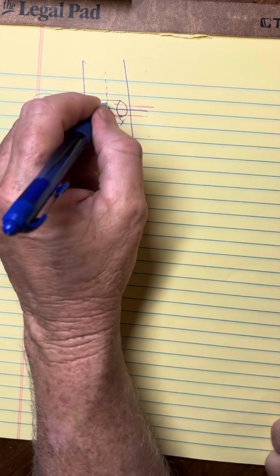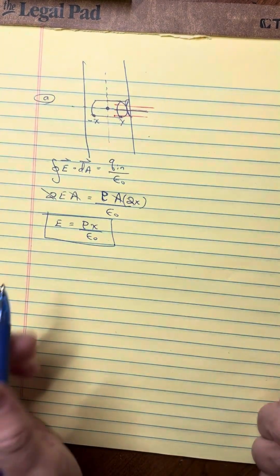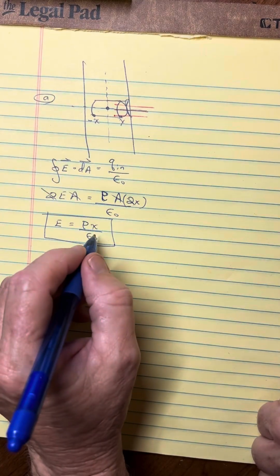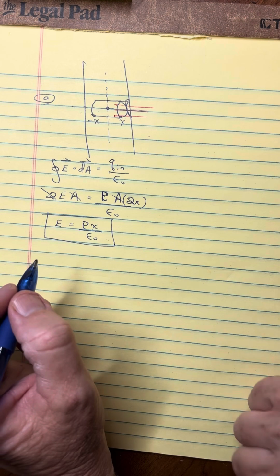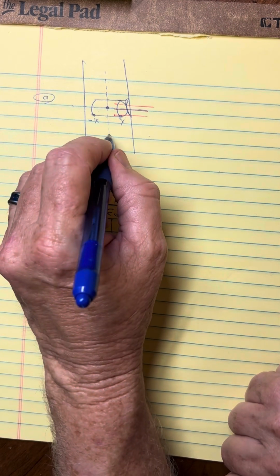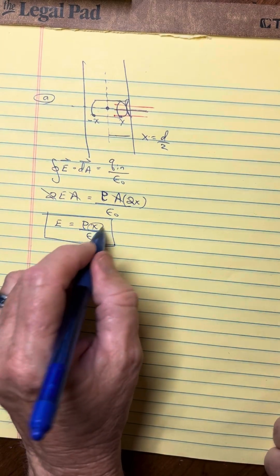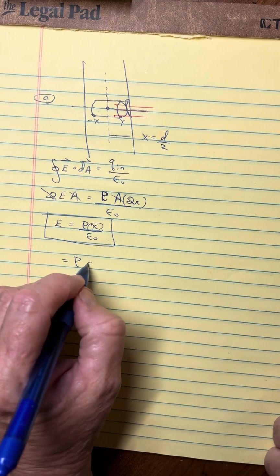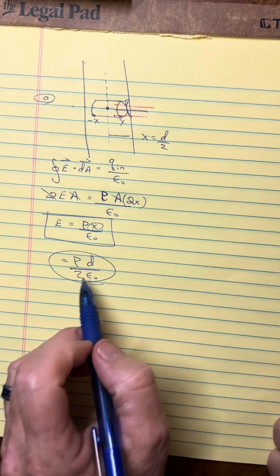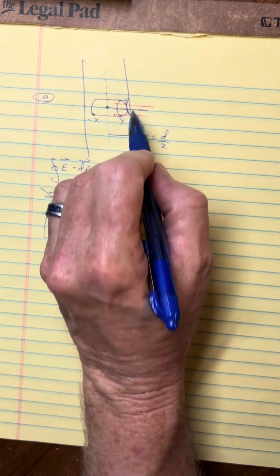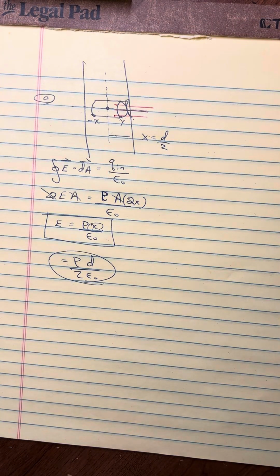And in fact, you could even argue then that the inside and outside should match right on the surface. So right on the surface here, my distance, my x, would equal d over 2. So if I put in d over 2, that is the equation right at the surface, but it's also the equation that we just got on the outside, and so it does match.